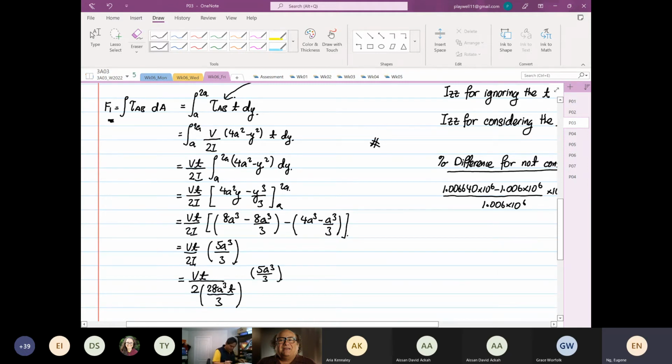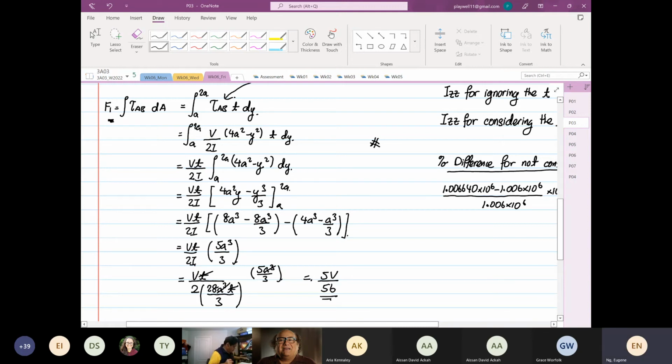Okay, so you can get rid of the t's. You can get rid of the a cubed. So this will be equal to 5 over 3, divided by 2, divided by bracket 28 over 3, close bracket. So this will become 5V over 56.